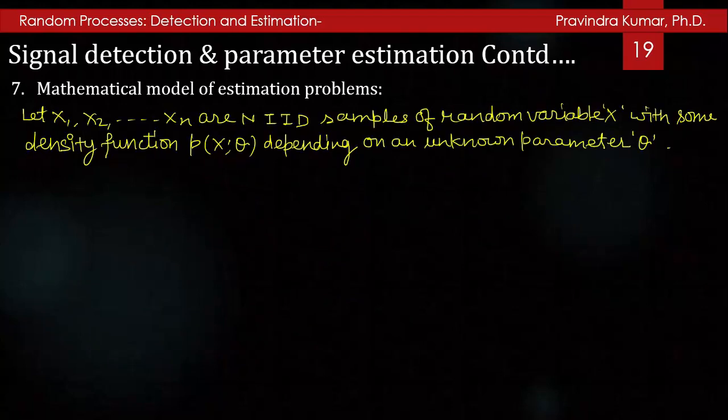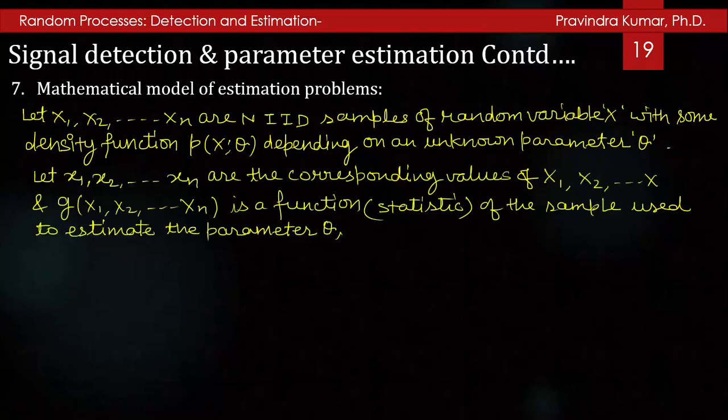Let X1, X2, ..., Xn be independent, identically distributed samples of a random variable X with some density function p(x; theta) depending on an unknown parameter theta, and let x1, x2 to xn be the corresponding values of the random sample X1 to Xn, and g(x1 to xn) is the function of the sample used to estimate the parameter theta.